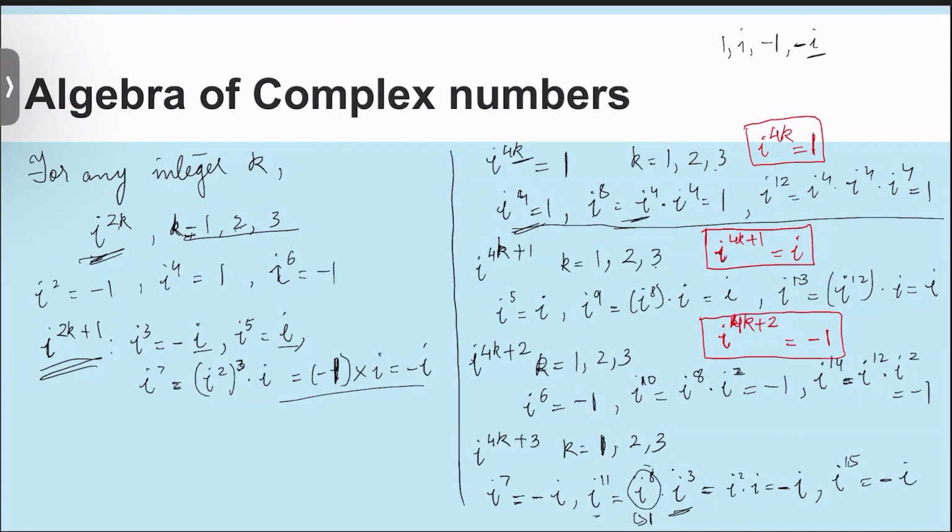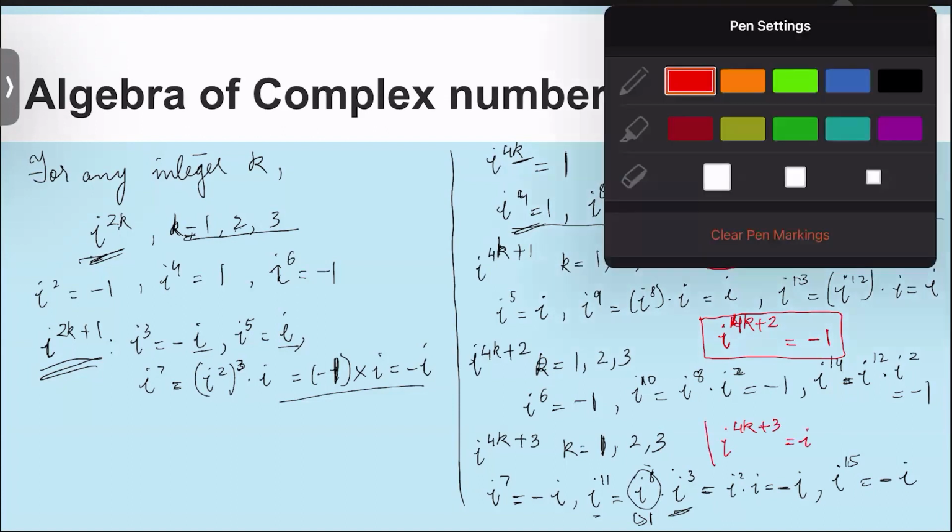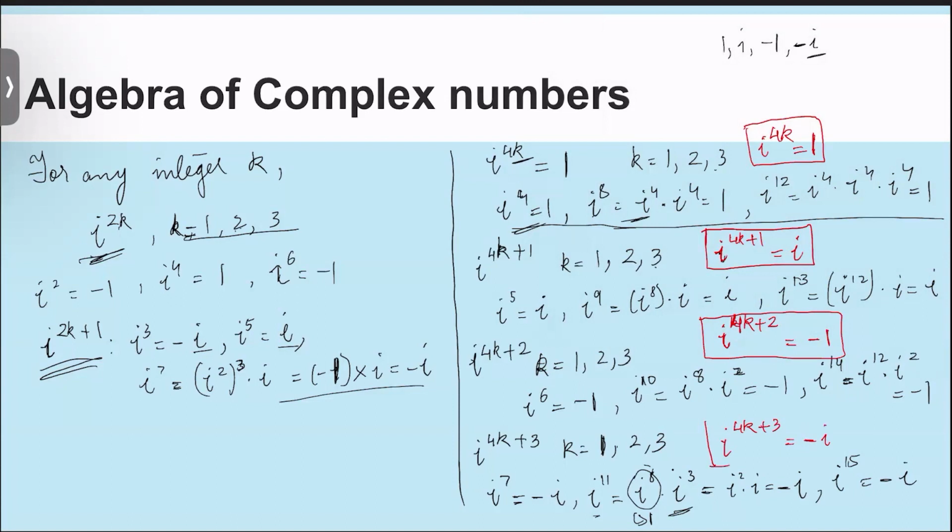So you can again write this in the general form as i^(4k+3) is equal to minus i. So this is your general form, when we are trying to consider positive integers as powers.